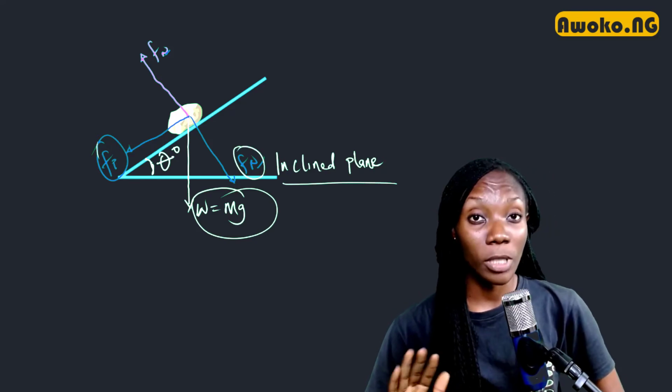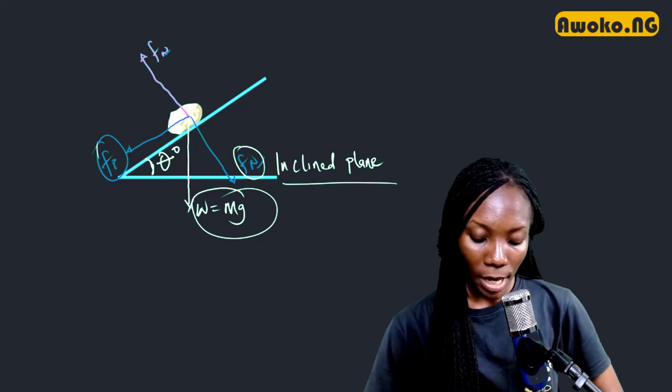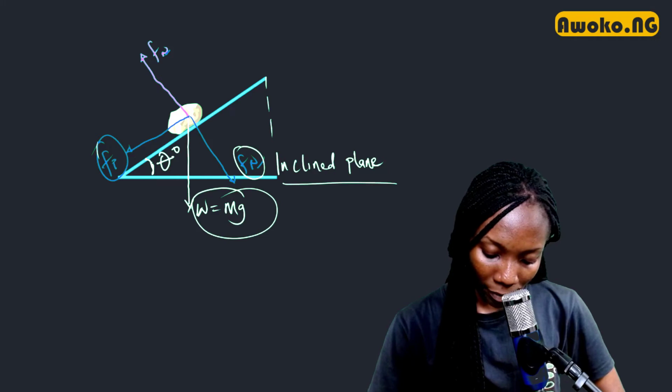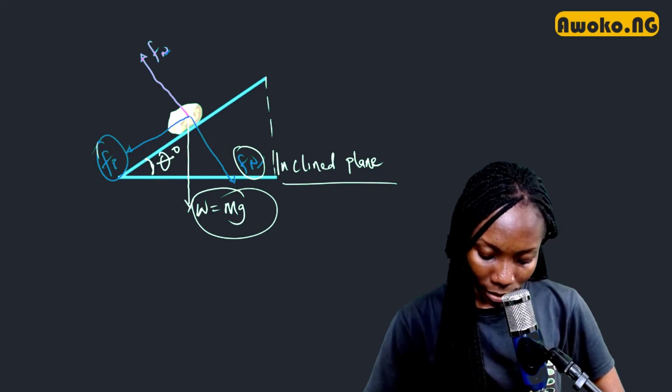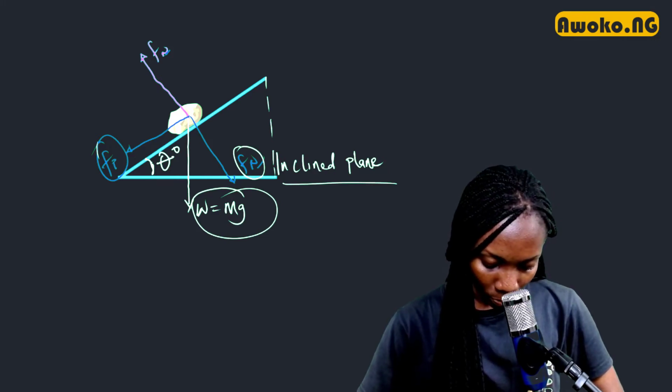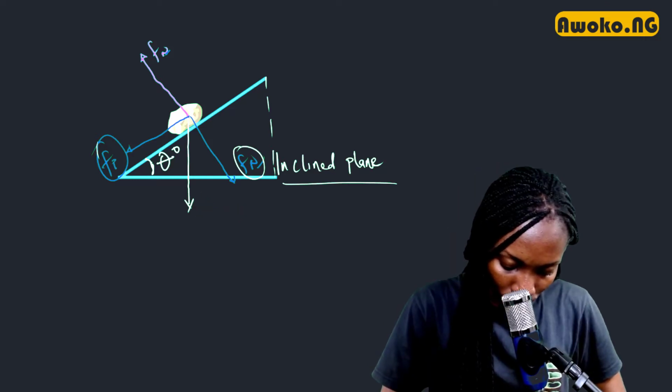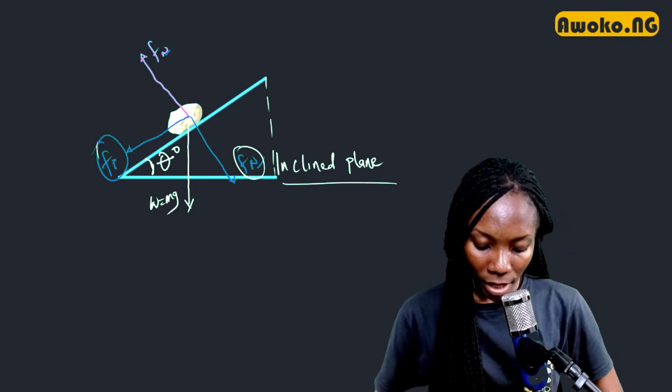All right, simple. Follow me closely. Now, if we start by completing this triangle that we have here, let us put this here. This is still W, which we call mg.